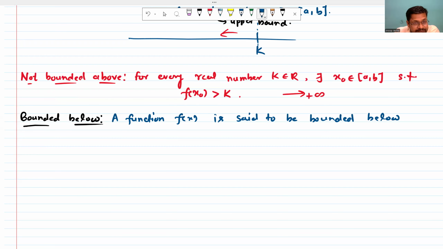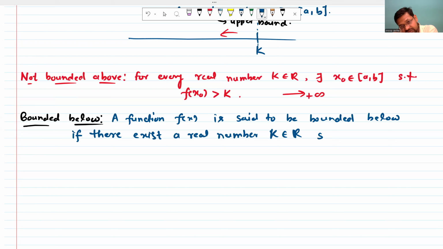if there exists a real number small k belonging to R, such that the value of the function is always more than this real number k for all x belonging to this interval a comma b.